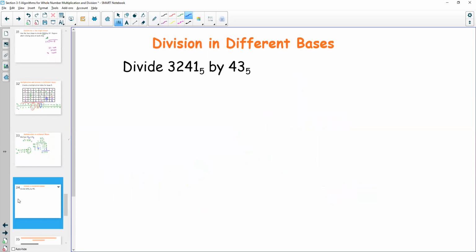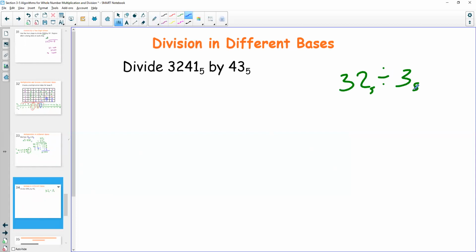Now let's divide. So I need to do this in base 5. I'm dividing in base 5, so I have to think about this as base 5, all right? Let's start with something smaller though. Let's do 32 divided by 3 in base 5.